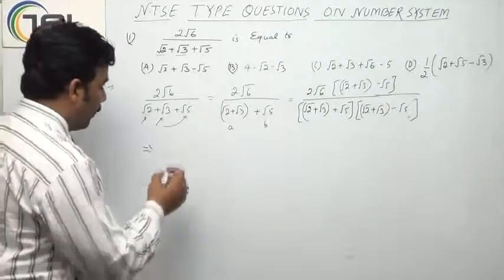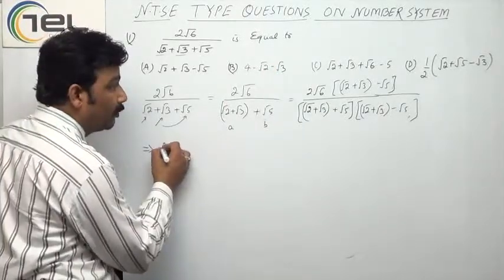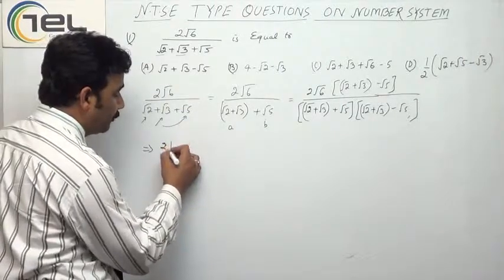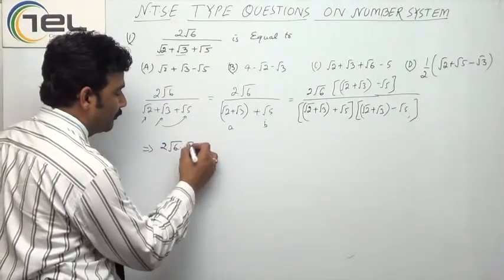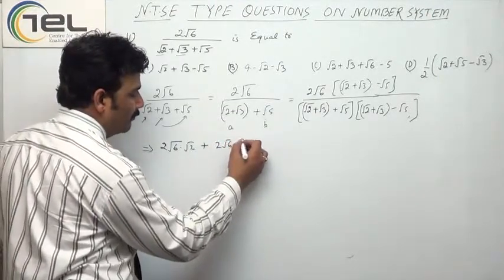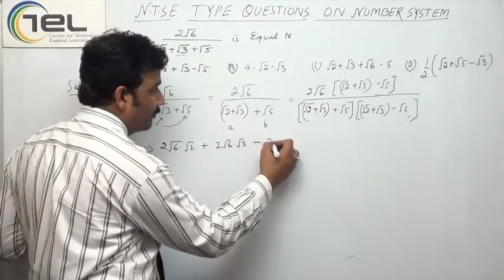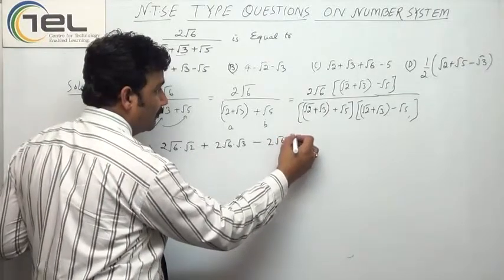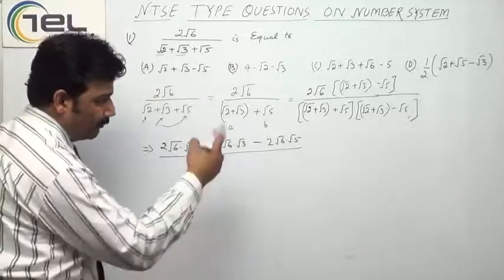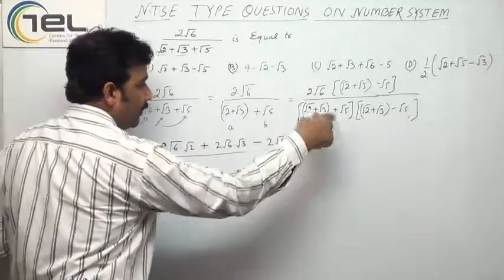In the numerator, I will multiply 2 root 6 into root 2 plus root 3 minus root 5 upon, again take these terms.